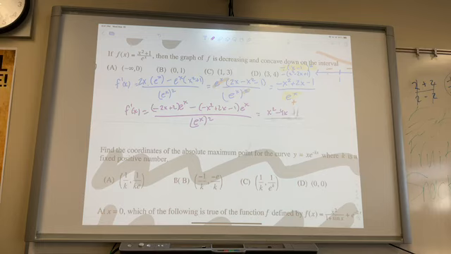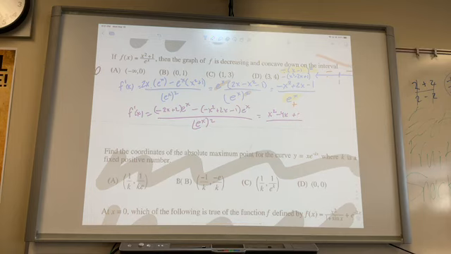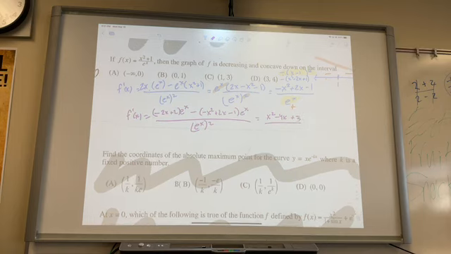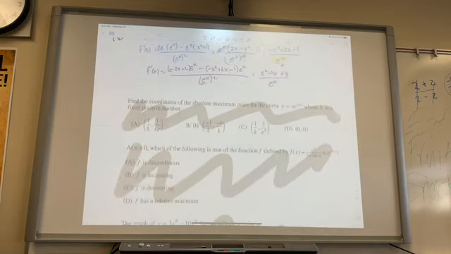Did you not distribute the negative? No, I just did. Plus 3. That's actually not that bad. We're simplifying this stuff for days, guys. And it's not bad. So that's minus 3, minus 1.